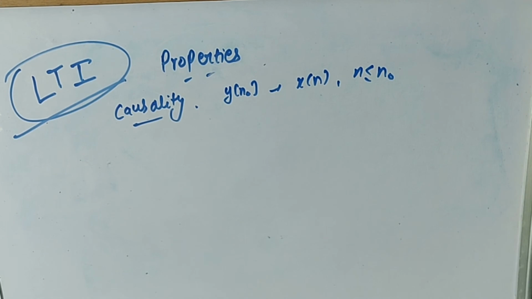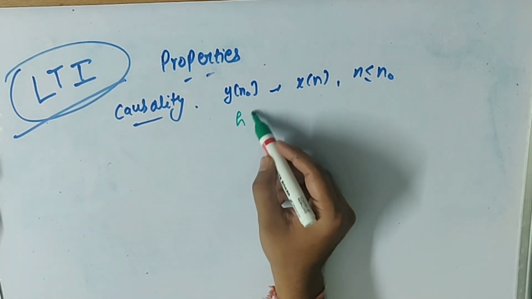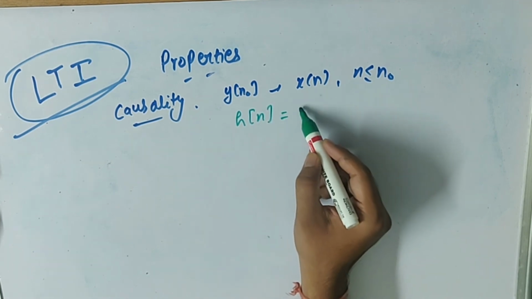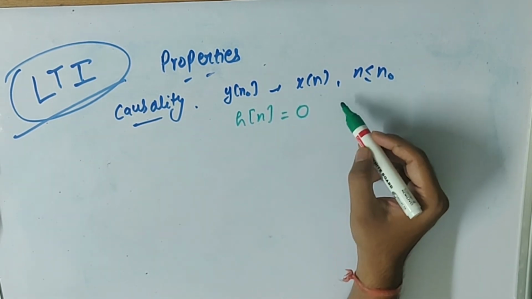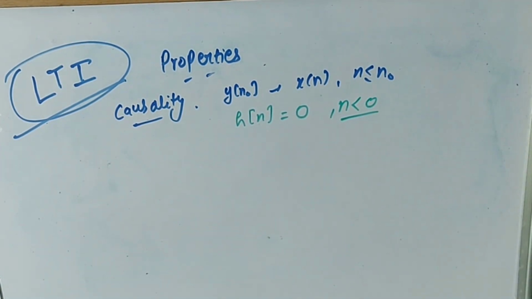For a causal system the output should not depend on the future input. That's the simple statement. For a system to be causal, its impulse response must be 0 when n is less than 0.